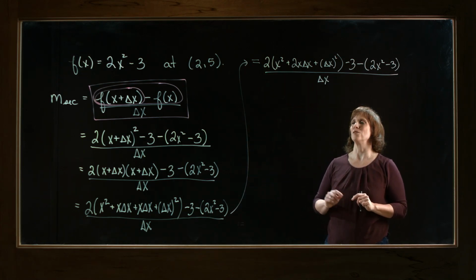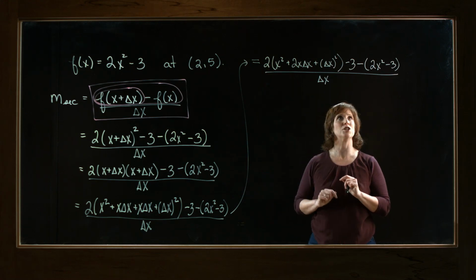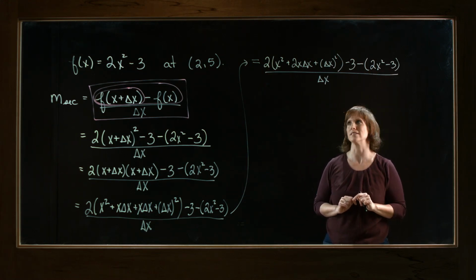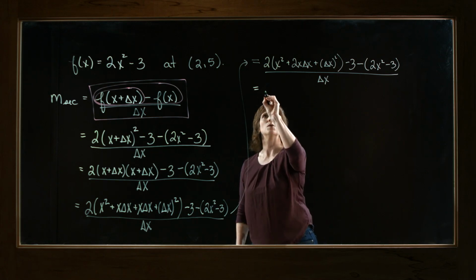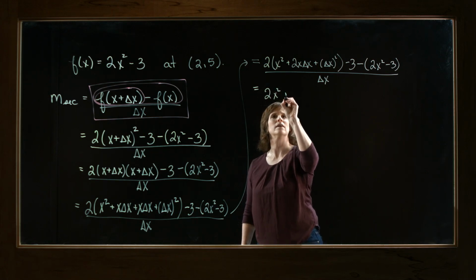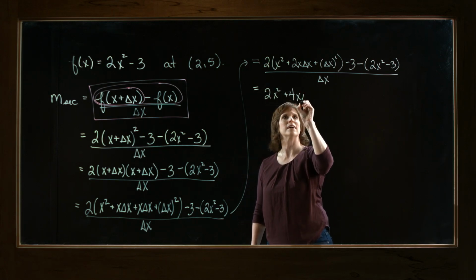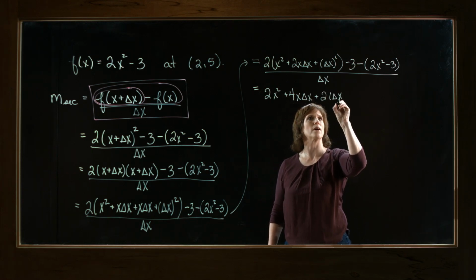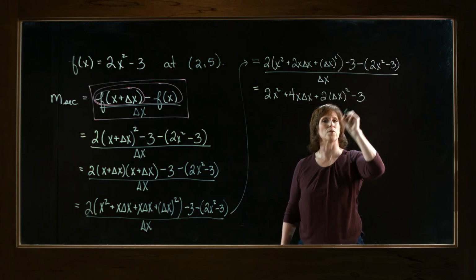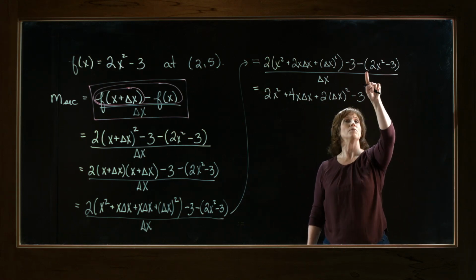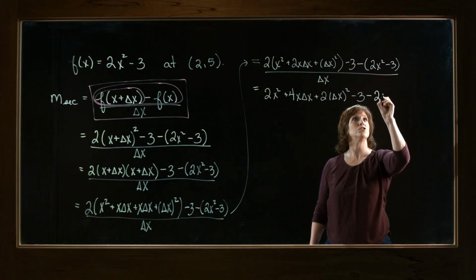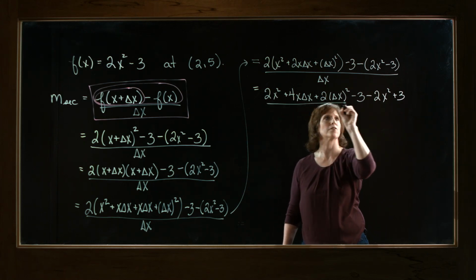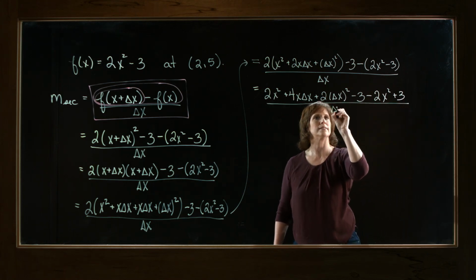Now I'm ready for the distribution. I'm going to distribute the 2, and while I'm at it, I'm going to distribute the minus across that second set of parentheses as well. So I have 2x squared plus 4x delta x plus 2 delta x squared minus 3, and distributing the negative across, a minus 2x squared plus 3, all over delta x.